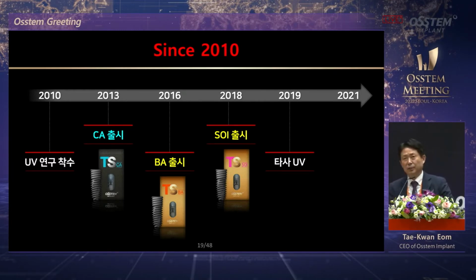Other companies in Korea began to produce UV products in 2019. So UV treatment began to be known from 2019. We had already been doing the research on UV treatment, but we didn't disclose it as it is a trade secret.